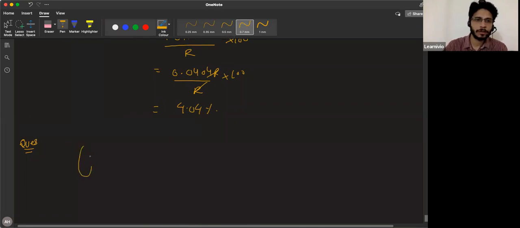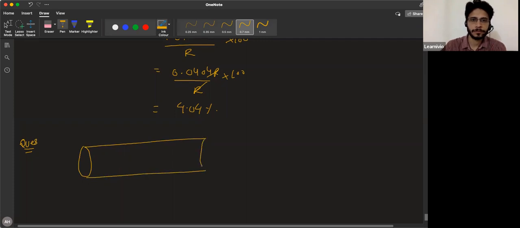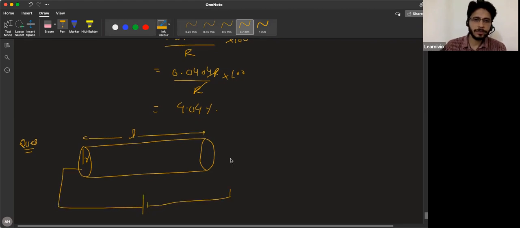if you have a conductor, let's say the radius of the ends of the conductor is r, the length of the conductor is L, and I ask you to calculate resistance between these 2 points.